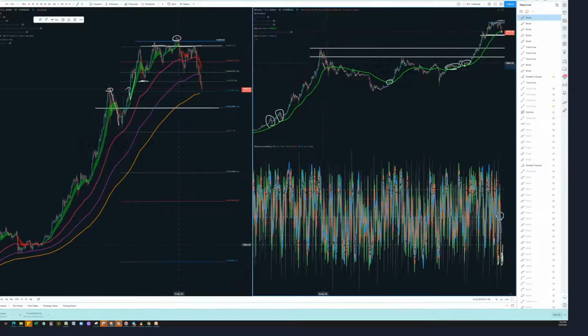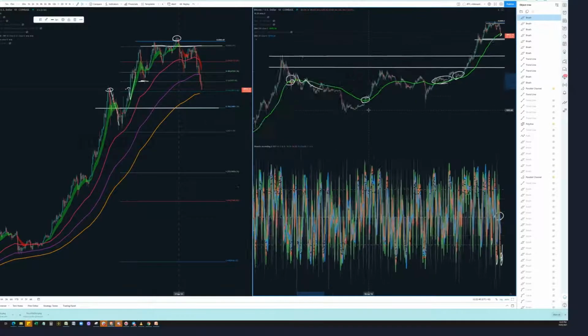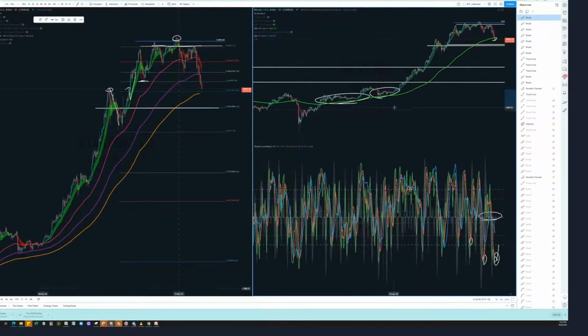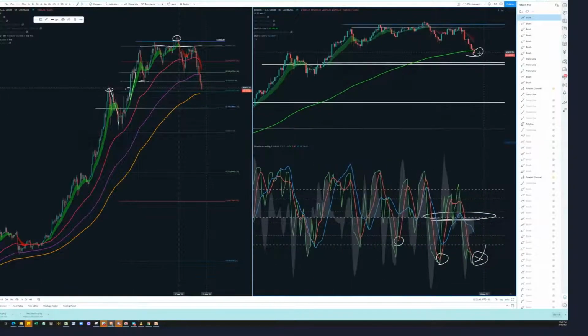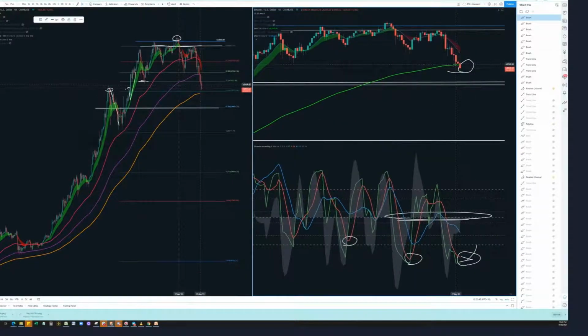When the 200 daily is lost, yeah, we got a bounce, but it's also a very bearish sign. If we can recover above this in the coming days, then we have some hope. But at the moment, it doesn't look good.